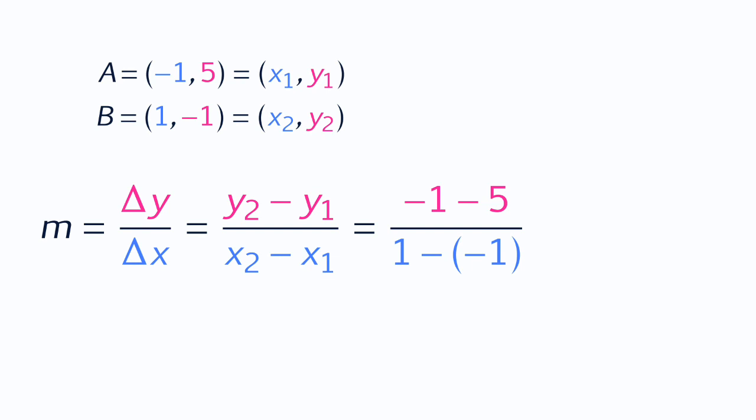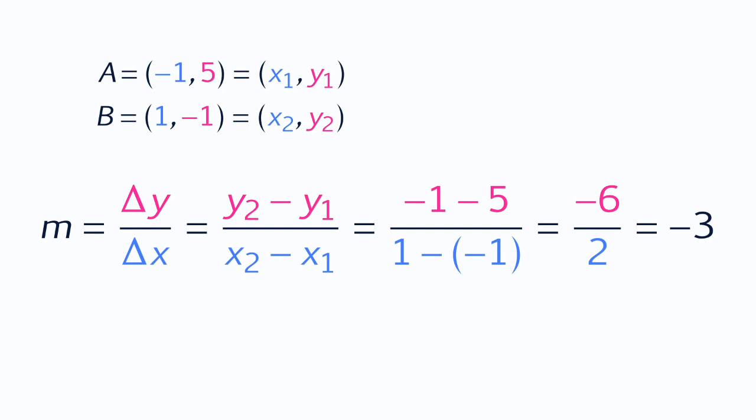Delta y is -1 minus 5, which is -6. And delta x is 1 minus -1, which is 1 plus 1, equal to 2. -6 divided by 2 is -3. You have now found the slope m, which is -3.